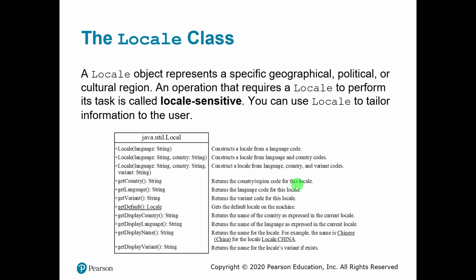Actually, the most common way is probably to get the default locale that's on the machine that the user is running, and we'll see a demonstration of that in the next video. And from those, it has methods so that we can look to see what country we're set in, what language we're set in, what locale is set on the computer. We can use all those get methods to look at those different things.